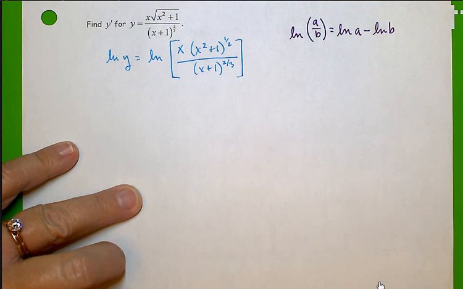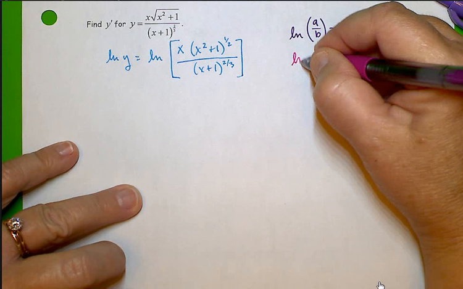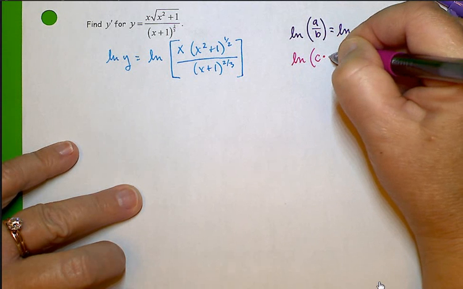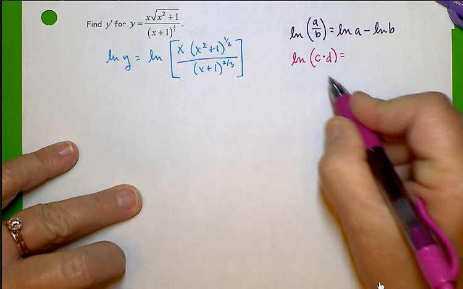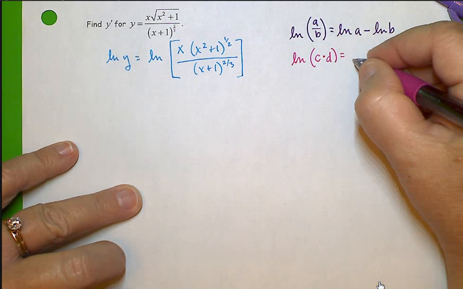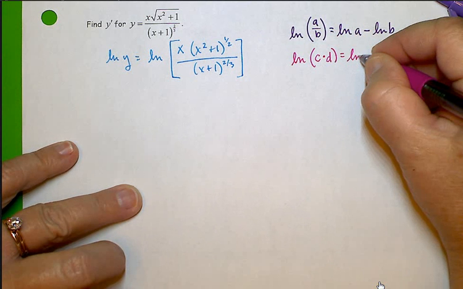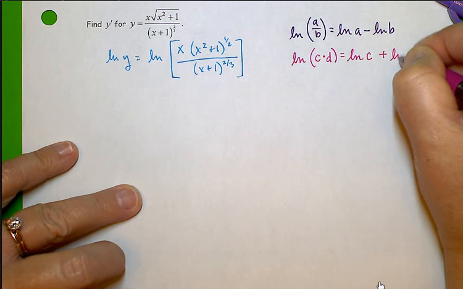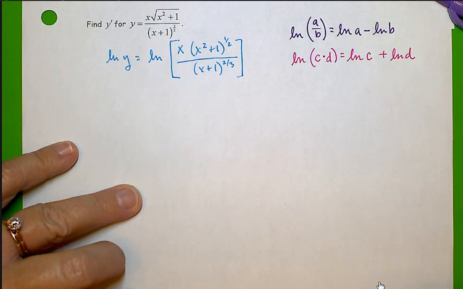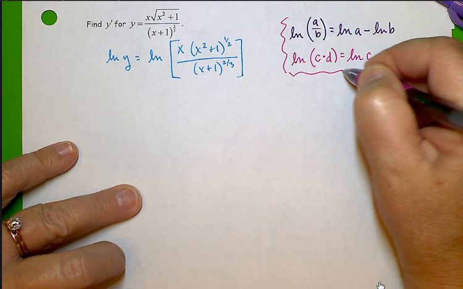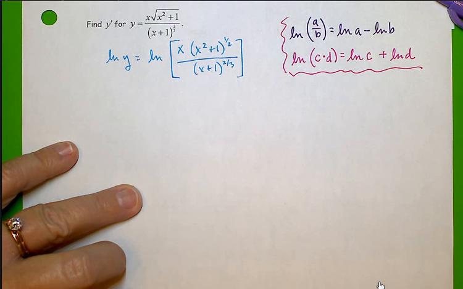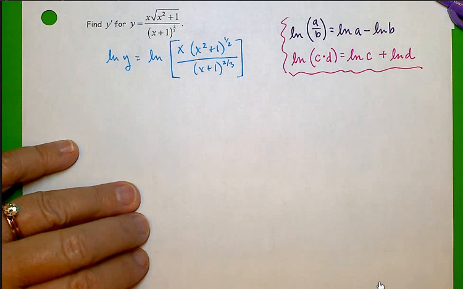Likewise, if I have natural log of, let's say, c times d, I can change the multiplication into an addition. This is natural log of c plus natural log of d. You need to remember these basic rules so that when you have a problem like this, you can clean it up, write it in an easier format.